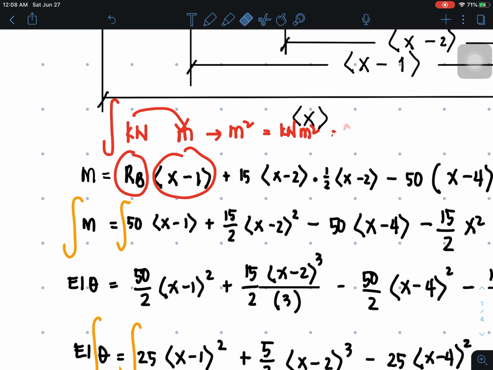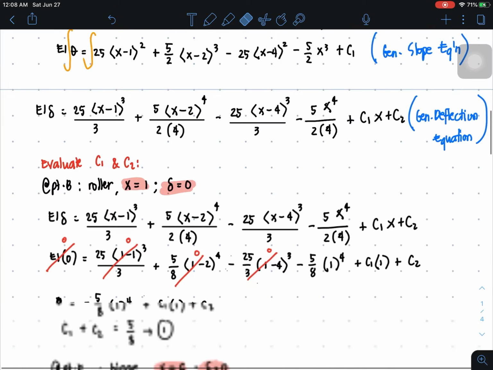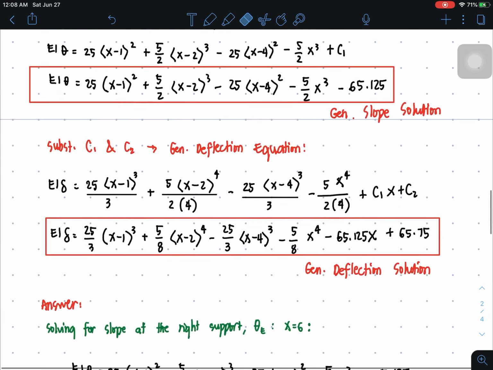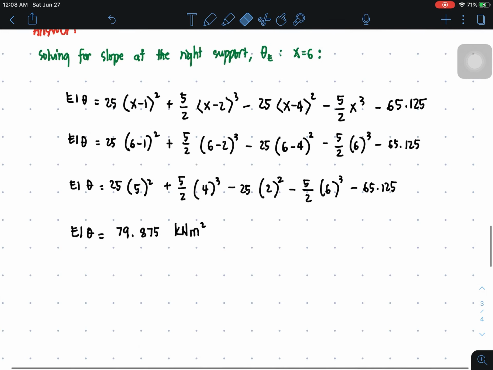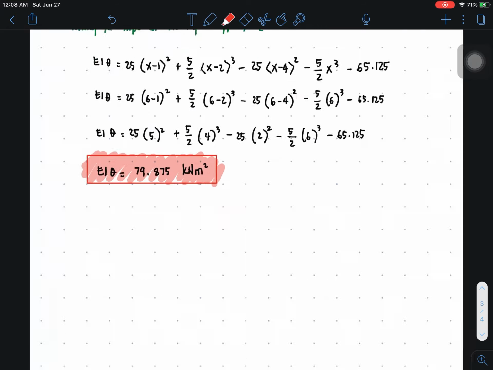So I hope na clarify na siya. So wala siya ang unit. And this is our answer for the slope at the right support.